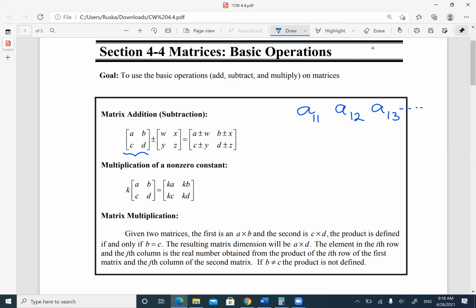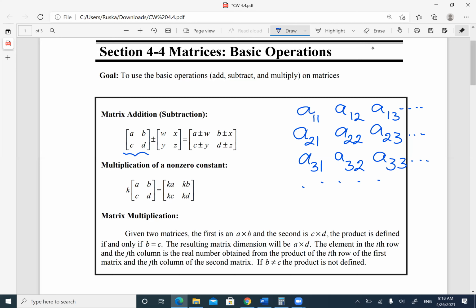These are the elements in the first row, first column, first row, second column, first row, third column, and so on, right? And then the second row is going to be A21, A22, A23, and so on. And then you can have a third row, first column, third row, second column, third row, third column, and so on.